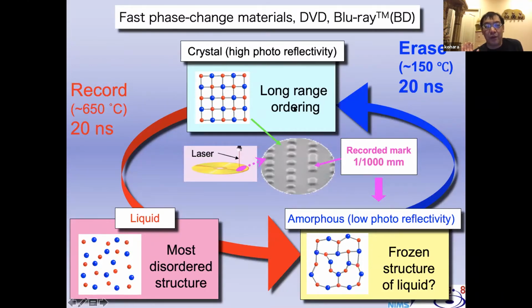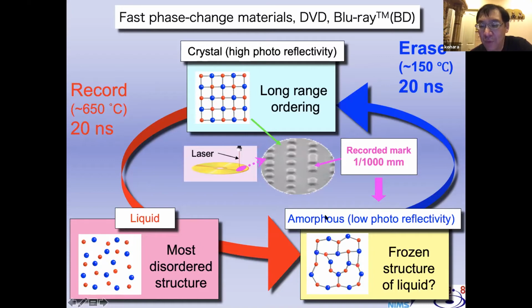When we want to record data, we give a very short laser irradiation, only 20 nanoseconds, but the temperature is greater than 650 degrees centigrade. Then the crystalline phase rapidly transforms to the amorphous phase via the liquid phase. And this is a recorded phase.